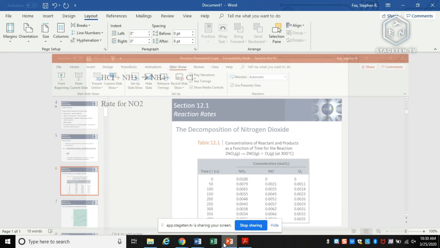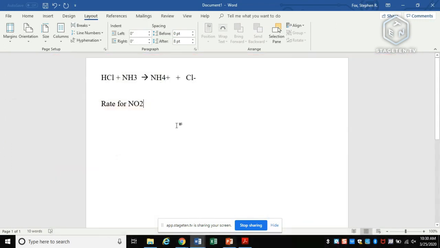Yeah. If we wanted the rate of disappearance for NO2 during that amount of time, from 0 to 50 seconds, it was 0.0021 molar divided by 50 seconds. So the rate of disappearance would be 0.0021 divided by 50.